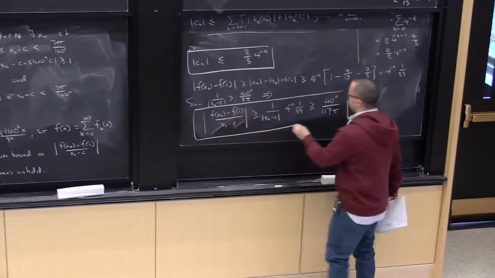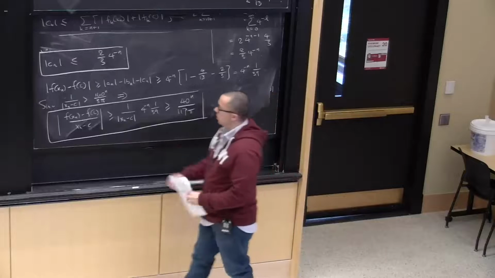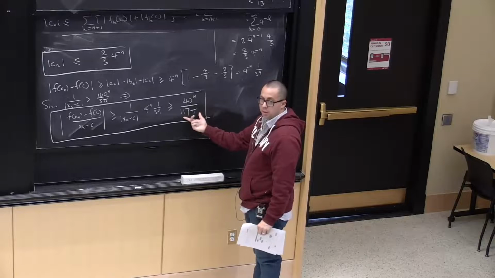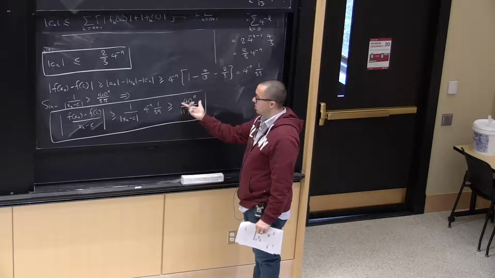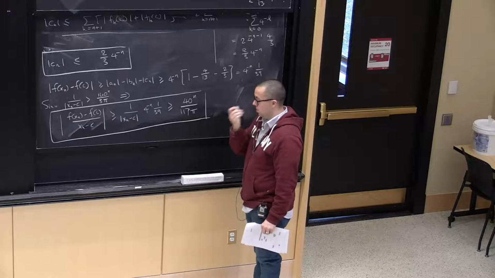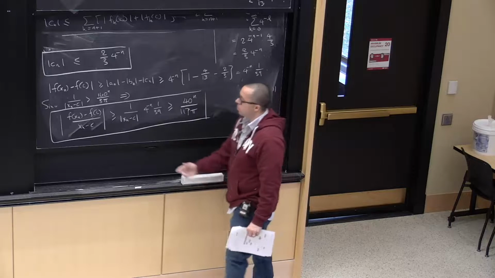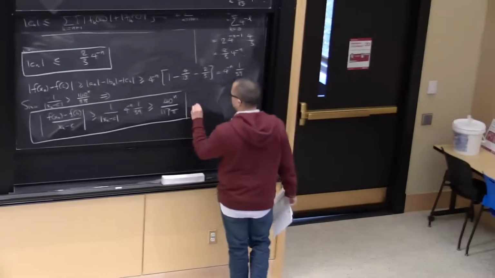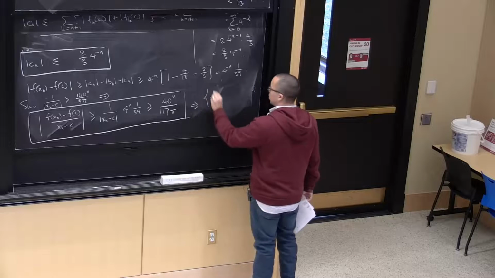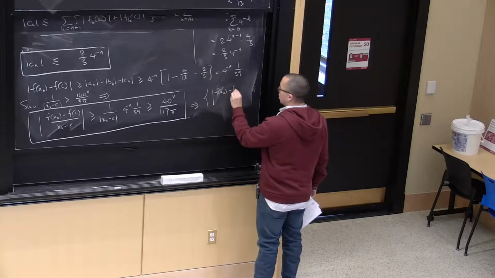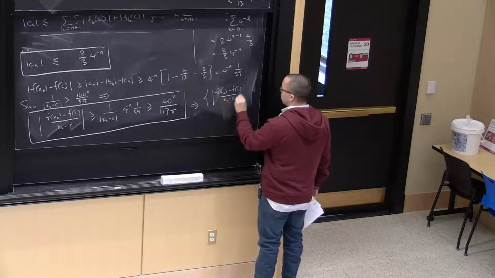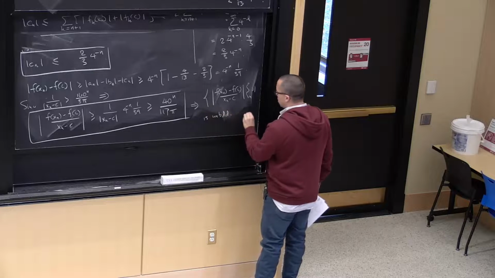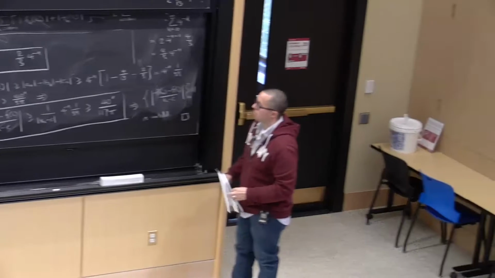And therefore, the absolute value of the difference quotient is bounded below by 40 to the n over some fixed number. And this thing on the right-hand side is unbounded, as n varies from 1 to infinity. And therefore, the absolute value of this difference quotient is unbounded. Which finishes the proof.